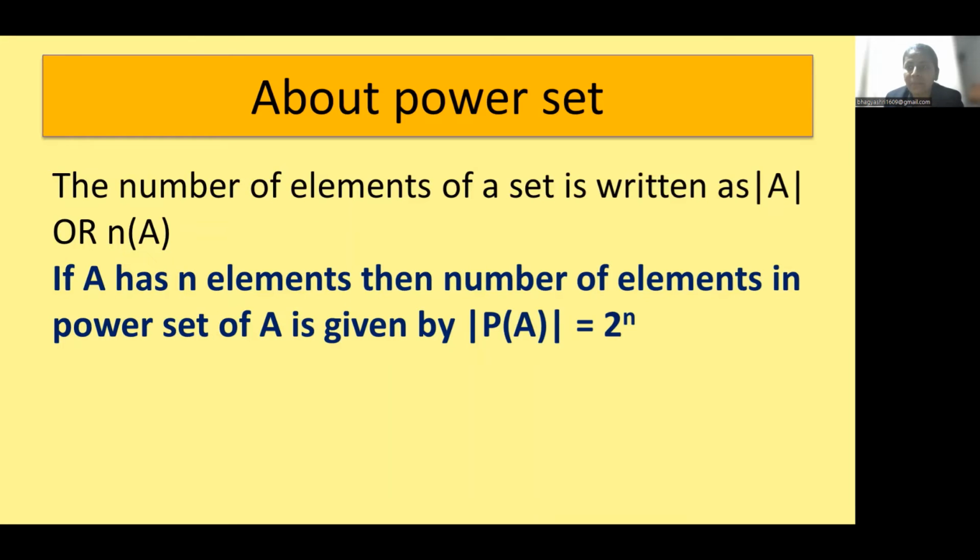आत्ताच आपण जे एक्झाम्पल बघितलं, capital A having the elements a, b, c, that set having 3 elements a, b and c, and we have observed that the power set of A contains 8 elements. And 8 म्हणजेच काय बघा, 2 raised to 3, value of 2 raised to 3 is 8.